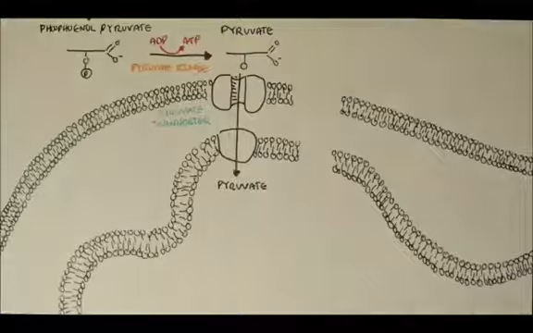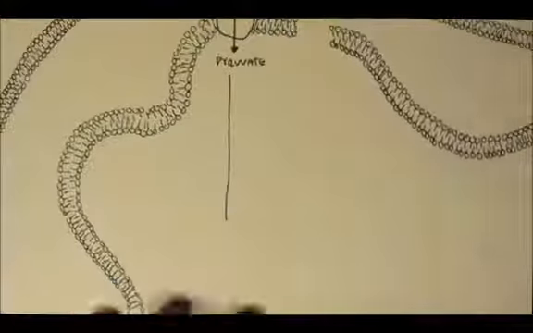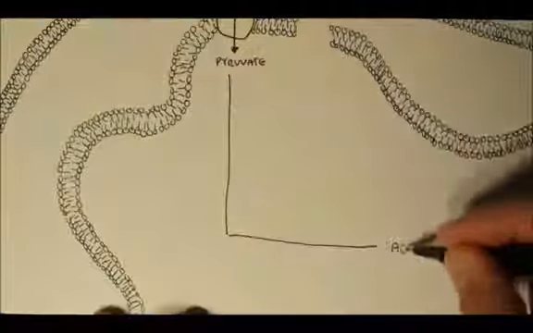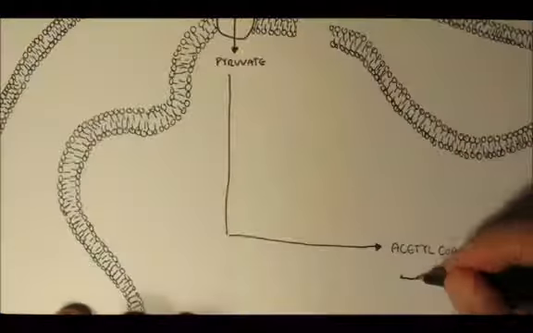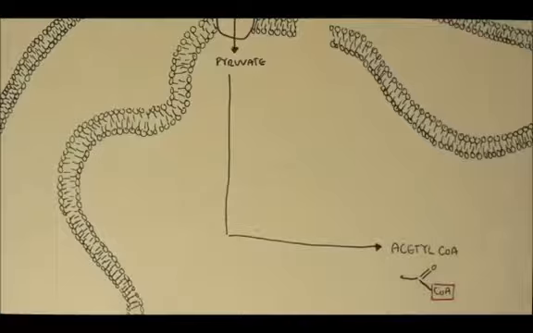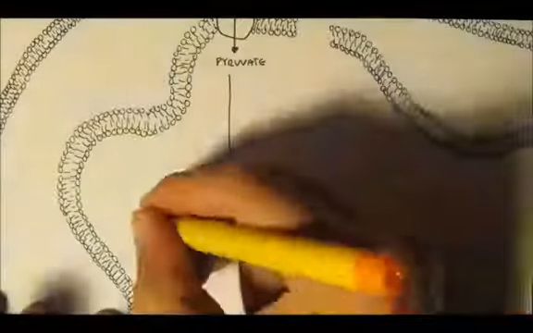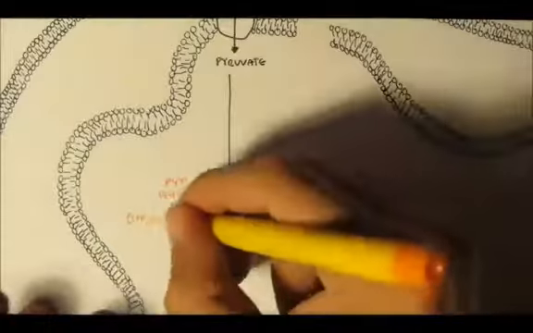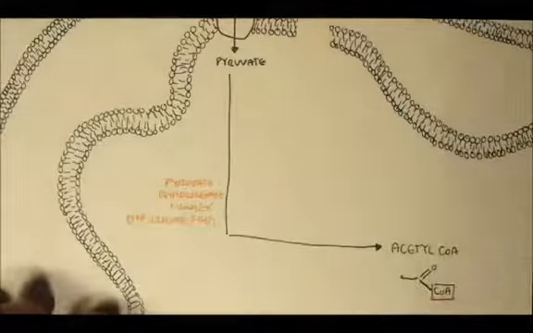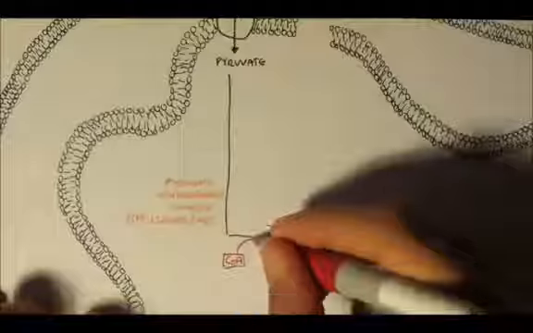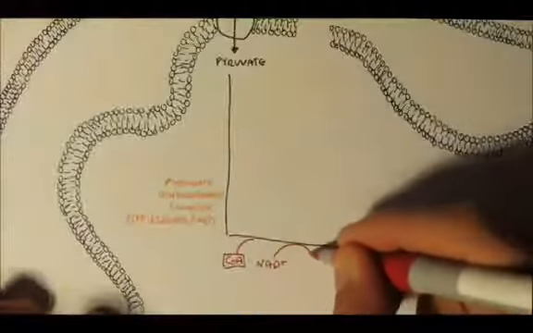And pyruvate will then convert to acetyl-CoA, releasing carbon dioxide, CO2, with the pyruvate dehydrogenase complex, the enzyme. Now, it's a large complex because it consists of 3 enzymes, thiamine pyrophosphate, or TPP, lipoate, or lipoamide, and FAD, which is one of those electron carriers.